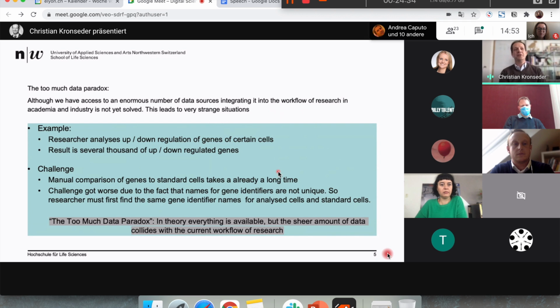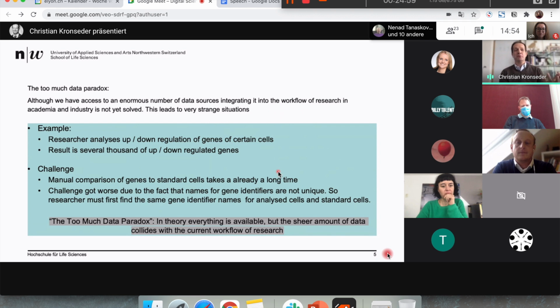There was a researcher who was analyzing the up and down regulations of genes in certain cells. And the result was that there were several thousands of up and down regulated genes, which is not uncommon. But this is where the problem started, because there was no tool that was actually able to draw together all the data into one set.